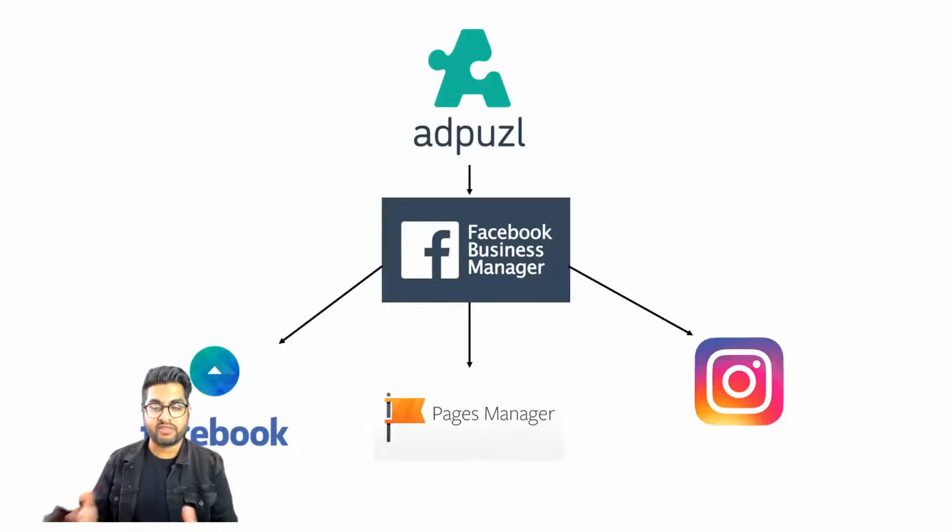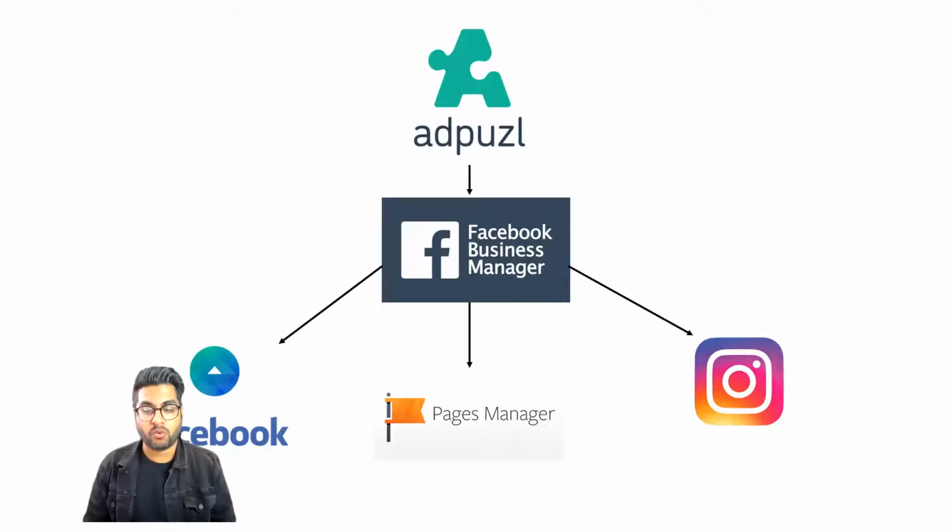Now, instead of learning these 4 platforms, we've layered AdPuzl on top of that. You just need to really use AdPuzl, put all your inputs in there, and those inputs will fire into Facebook Business Manager and the respective parties, especially the Ads Manager, to get your campaign going programmatically, right?